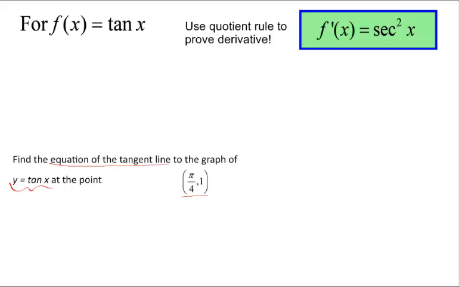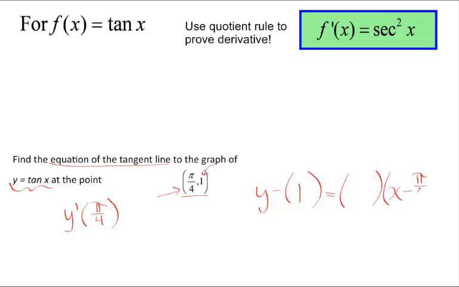So we need the derivative at the point pi over 4, and we need this point. We're going to plug that in. We're going to get y minus y1, well, they gave us y1, we know it's 1, equals y prime at pi over 4 times x minus x1, the point slope form. It's what we'll exclusively use.